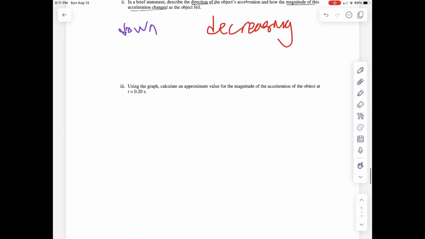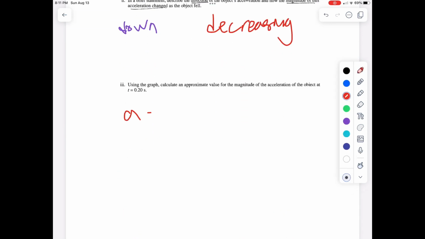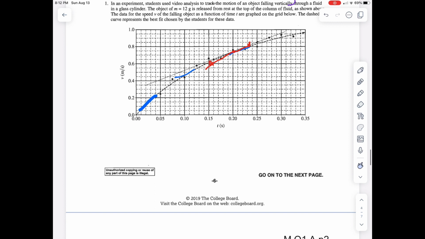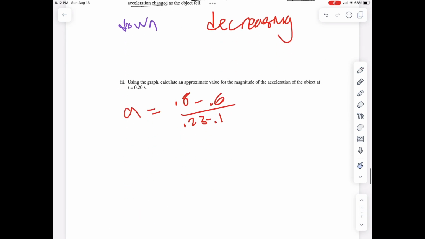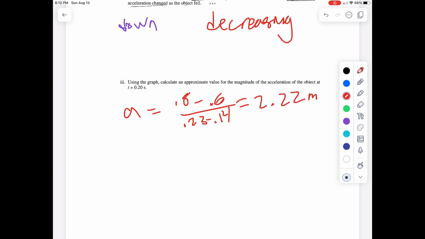Okay, so if I say acceleration is equal to 0.8 minus 0.6 over 0.23 minus 0.1, I might say this graph, let me try to redraw this line. Okay, I think that's a little better. So I'm actually going to say 0.14 as my second x time value, minus 0.14. Okay, and then this is equal to 2.22 meters per second squared.